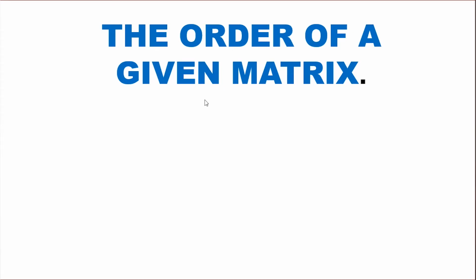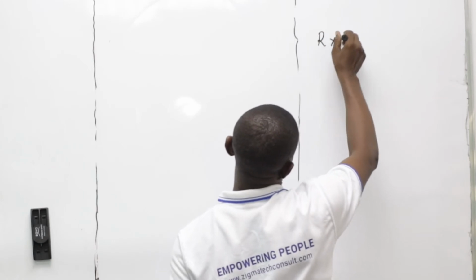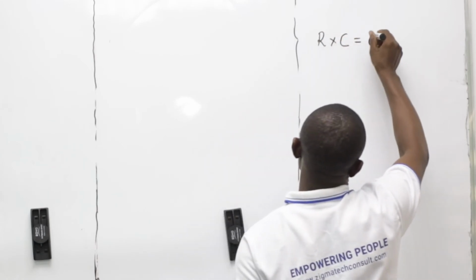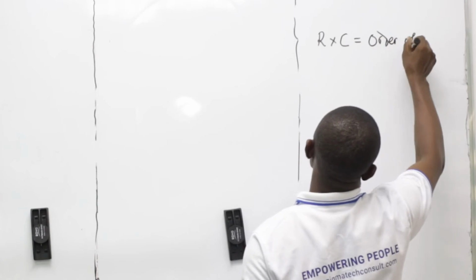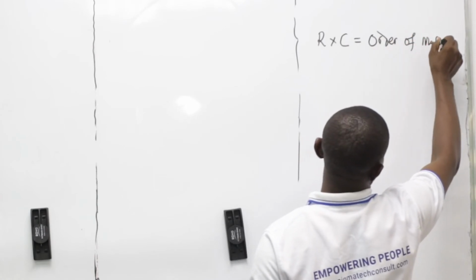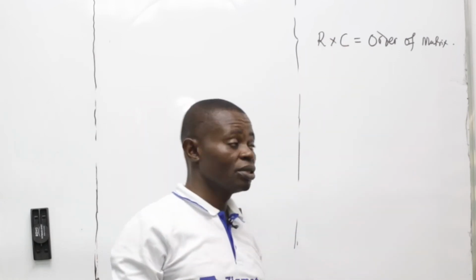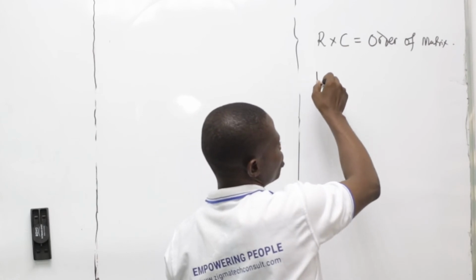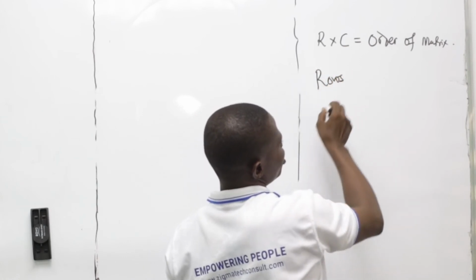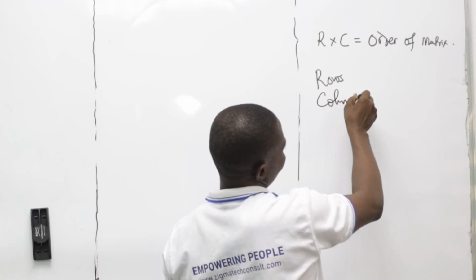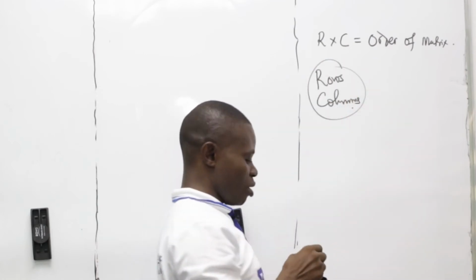The order of a given matrix is determined by knowing the number of rows before the column, meaning row multiplied by column equals the order of the matrix. The word multiplication, let it not confuse you. I'm trying to say considering rows before columns will determine the order of the matrix.